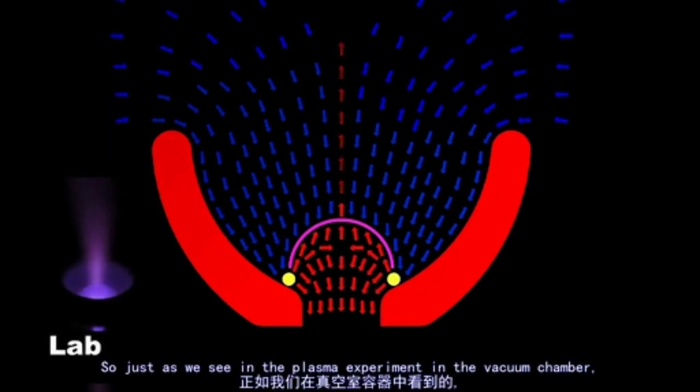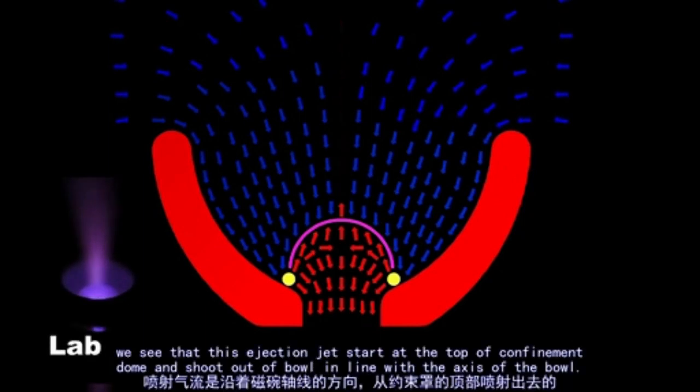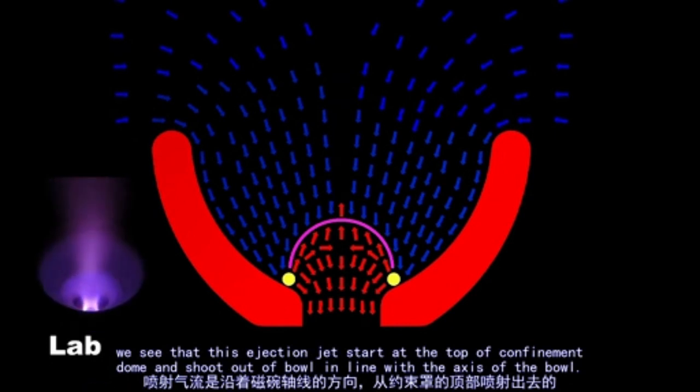So just as we see in the plasma experiments in the vacuum chamber, we see that these ejection jets start at the top of the confinement dome and shoot out of the bowl in line with the axis of the bowl.